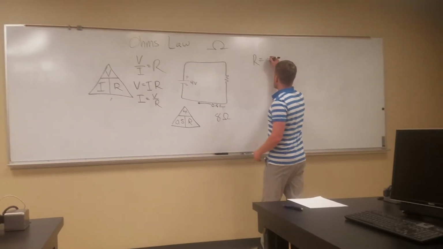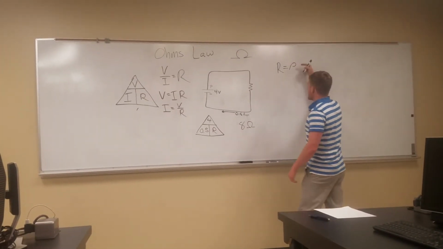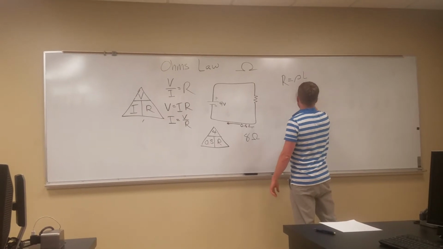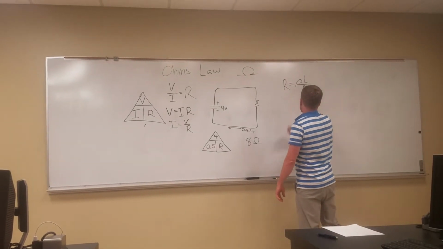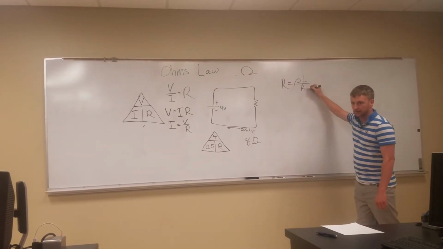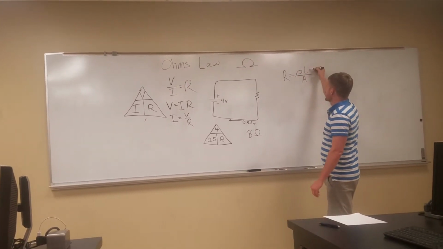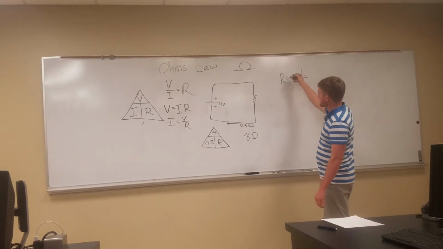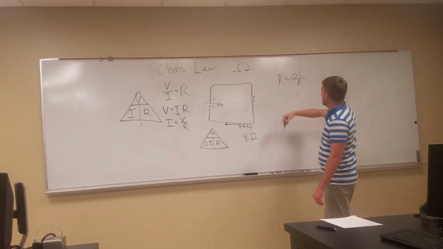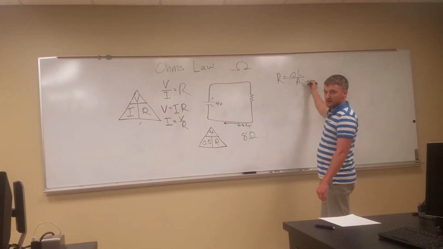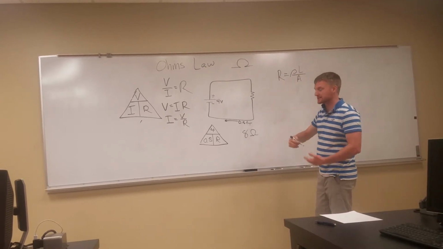That means as a formula, don't pay attention to this thing just yet, but L divided by area, length divided by area. So however large you make length, R is going to get bigger. However large you make A, resistance is going to decrease.